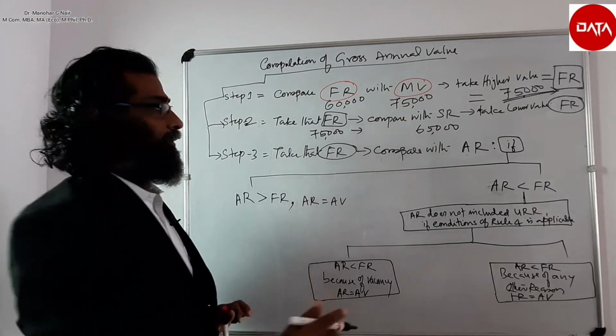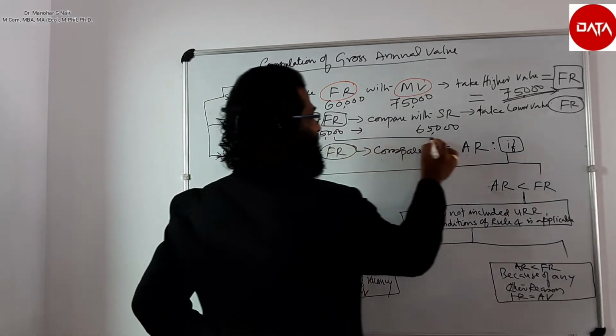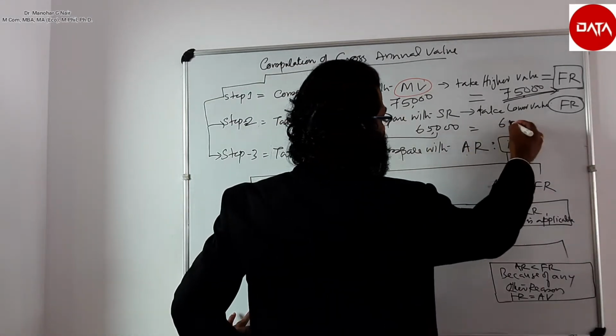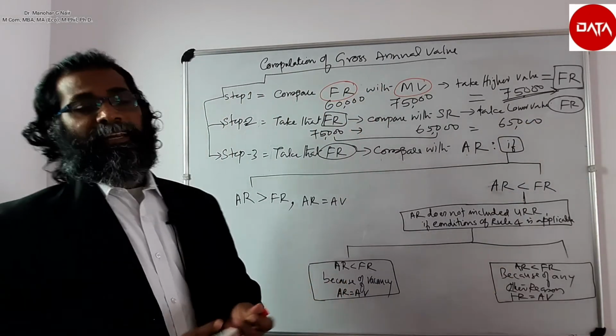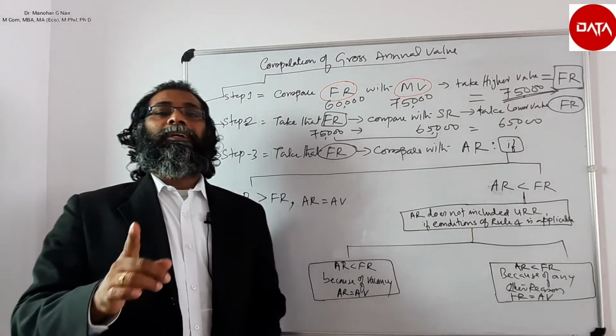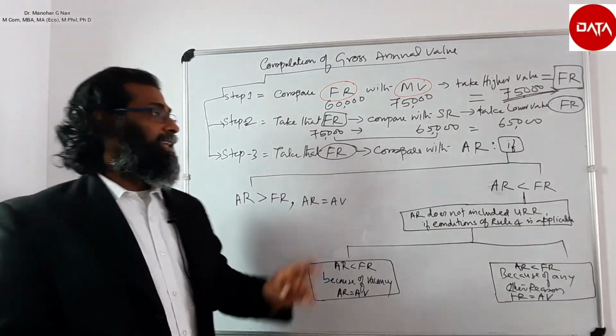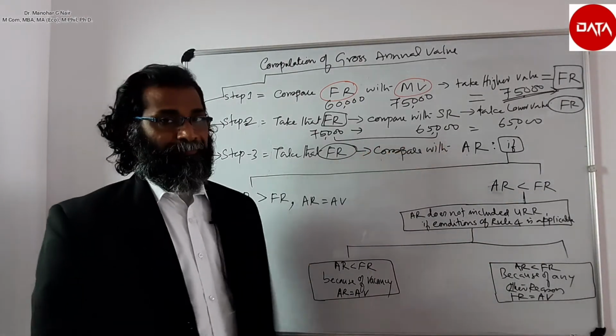Compare these two and take the lower value. Here it is 65,000. And my dear friends, there is a condition that the fair rent cannot exceed standard rent. That is the reason we are taking the lower value here.